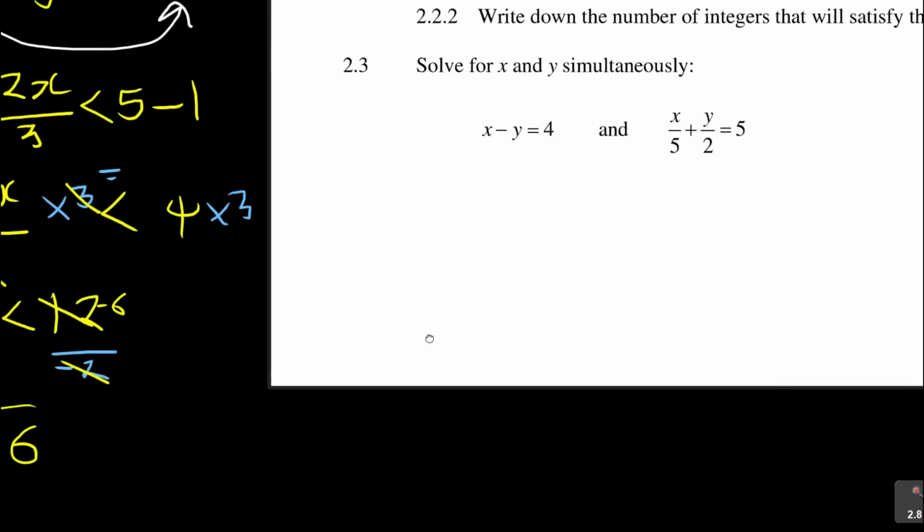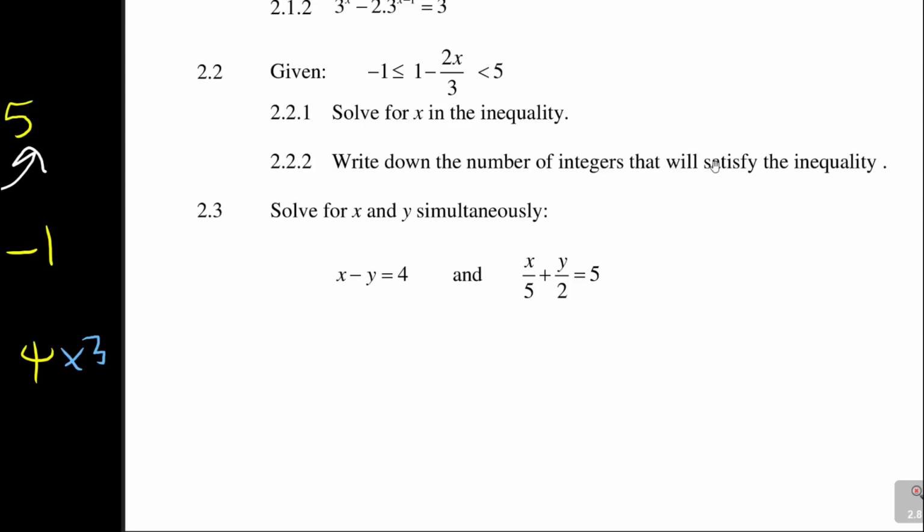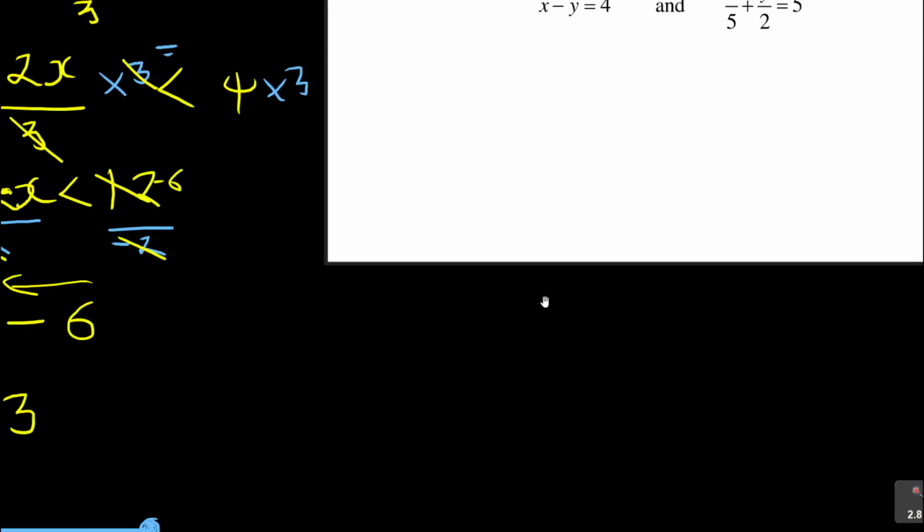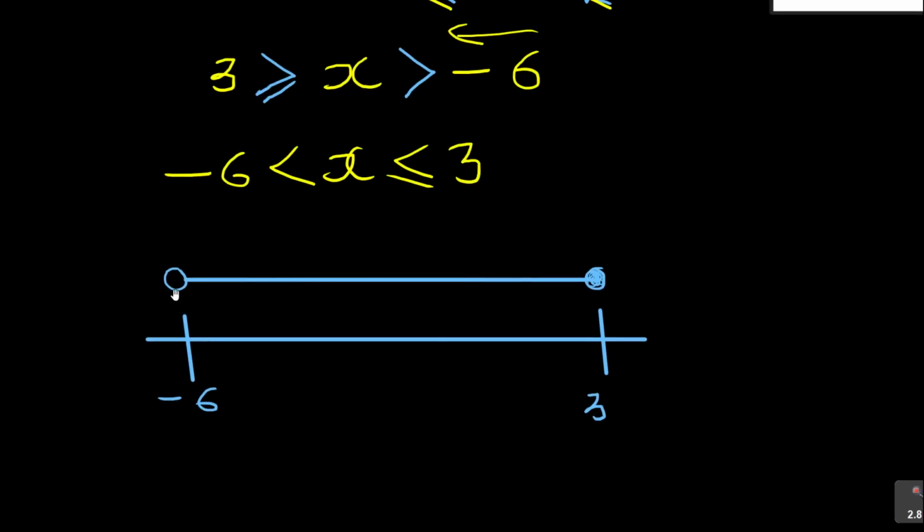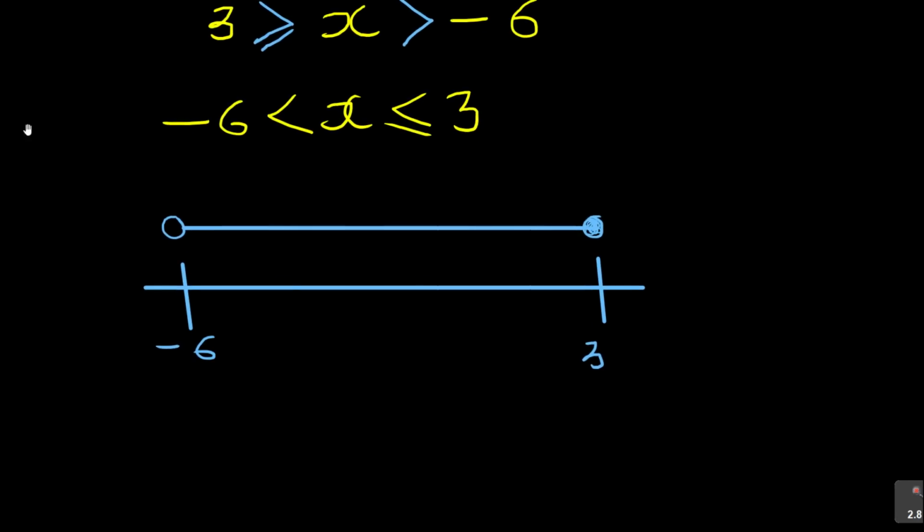And then the question says write down the number of integers that will satisfy the inequality. Integers meaning what? The numbers between minus 6 and 3. Remember, minus 6 is not included. So here we have minus 6, minus 5, minus 4, minus 3, minus 2, minus 1, 0, 1, 2.